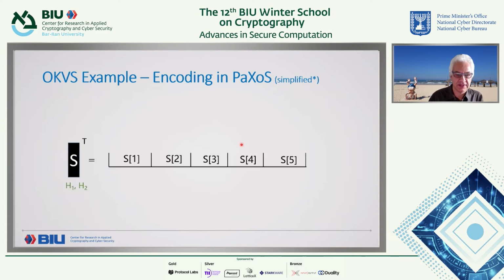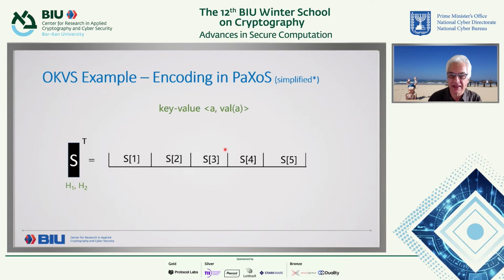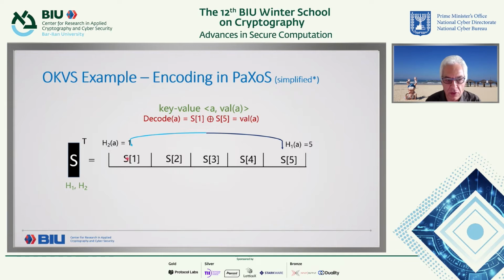Okay. Suppose this is the table. Bob has a key and a value, and he wants to put the value in the table. We said x, and that Bob will put x in these locations. In a general case, he has some key and wants to put some value associated with the key. Suppose A is mapped to these two locations.